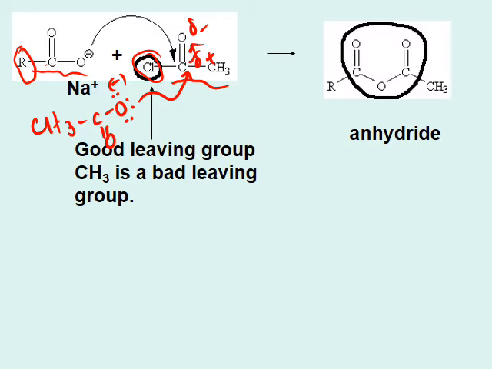Then when it forms the double bond back, the chlorine gets out because otherwise carbon would have too many bonds, and chlorine is a good leaving group and that helps in this reaction. So finally you get an anhydride. If you use methyl here, R becomes methyl. So then you end up with this product. This is an anhydride having two carbonyl groups and an oxygen in between.